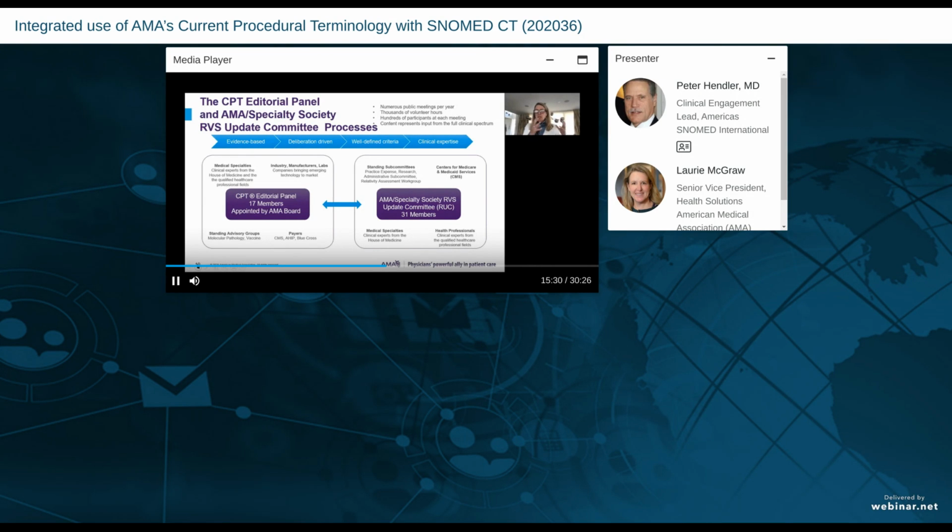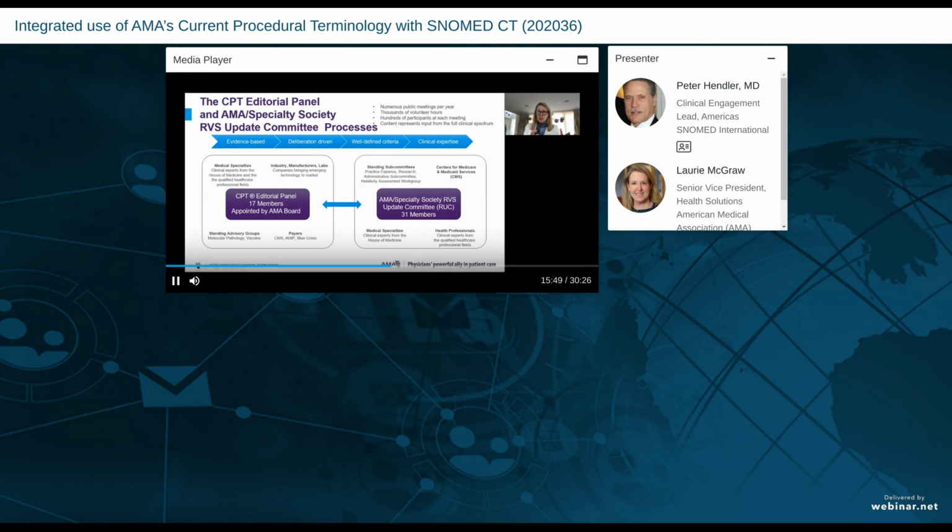And there are 17 members on this panel, with 200 other advisors appointed to support this panel, with many other practicing physicians who support the process.